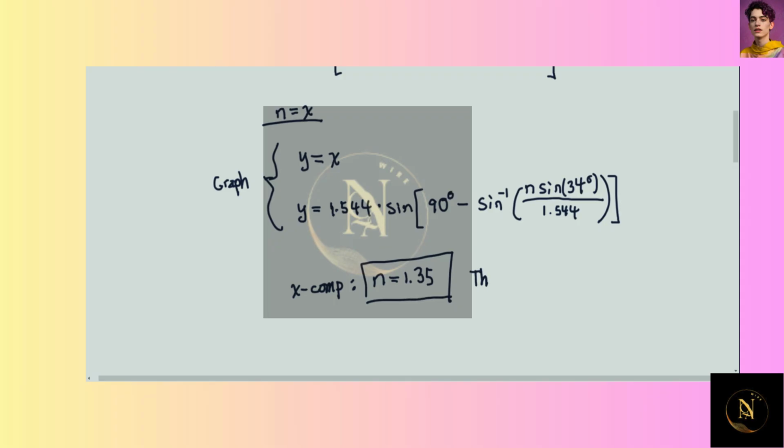And this would be the max n for total internal reflection at point P. And there we go. We have our answer.